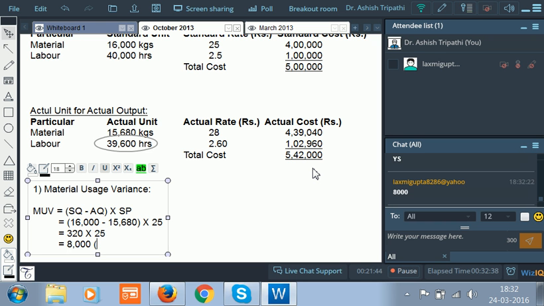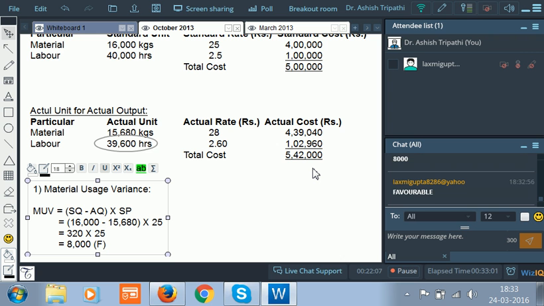So is this favorable or adverse? Very good. If you get a positive answer, it is favorable. If you get a negative answer, it is adverse.